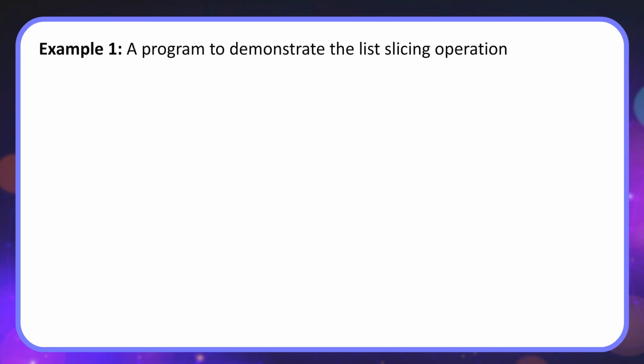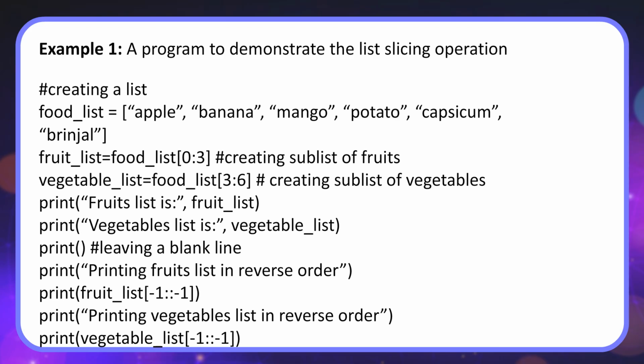Example 1: a program to demonstrate the list slicing operation. Creating a list: food_list = [apple, banana, mango, potato, capsicum, brinjal]. fruit_list = food_list[0:3], creating a sublist of fruits. vegetable_list = food_list[3:6], creating a sublist of vegetables.